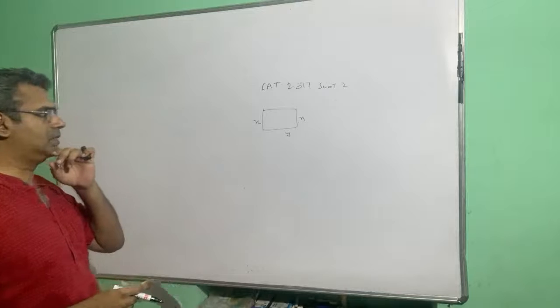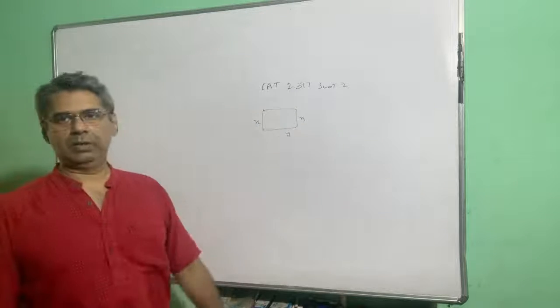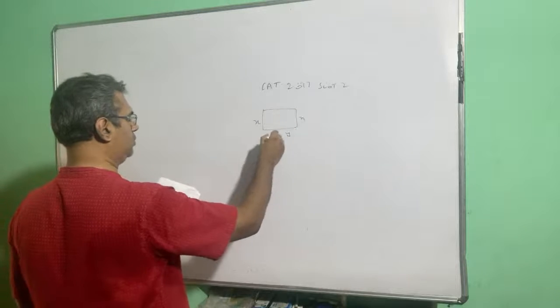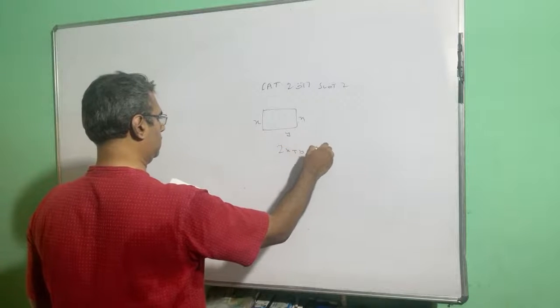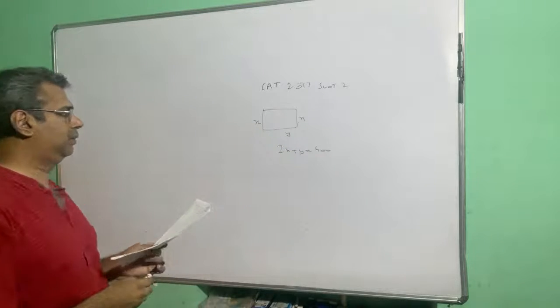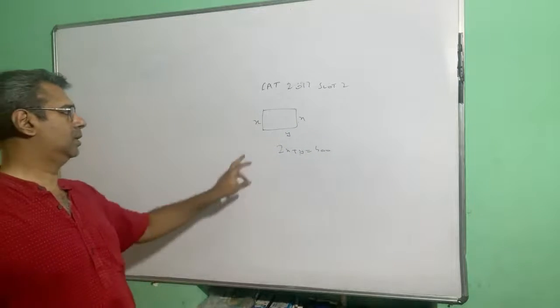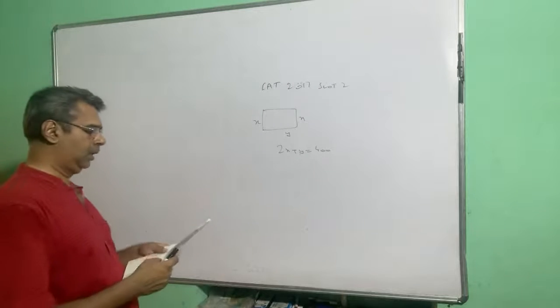So in the CAT 2017 slot 2 paper, the question was like this: there is a rectangle, and these two sides are x and this is y. The sum of these sides, x plus x and y, that is 2x plus y, is given to be 400.